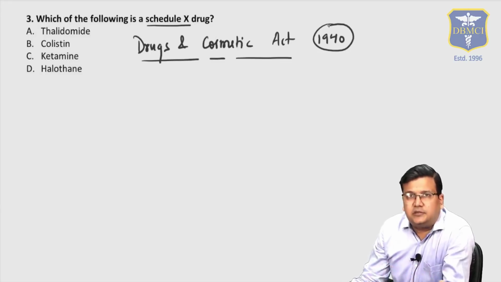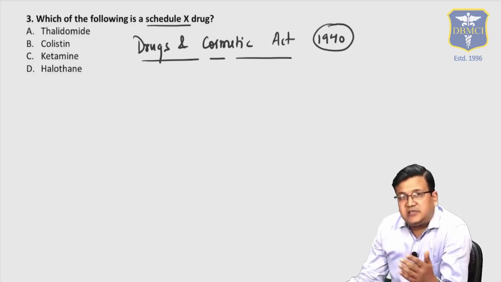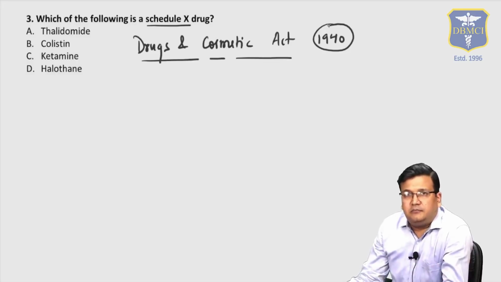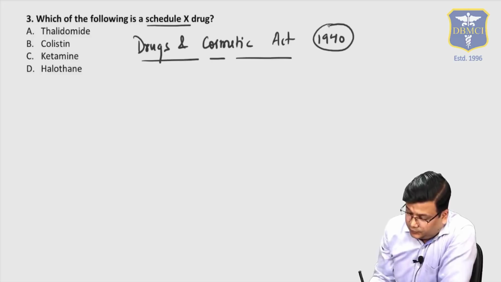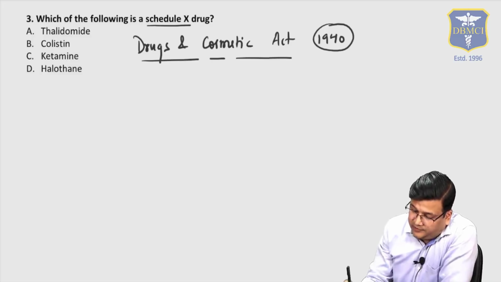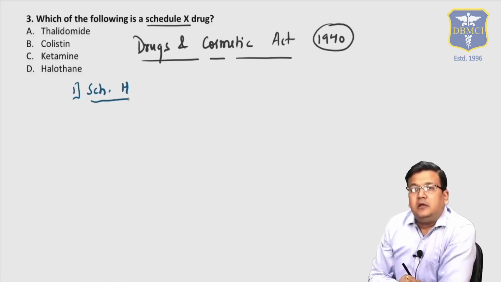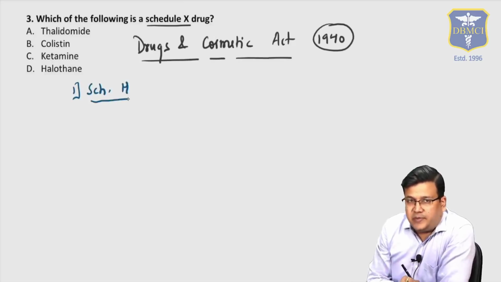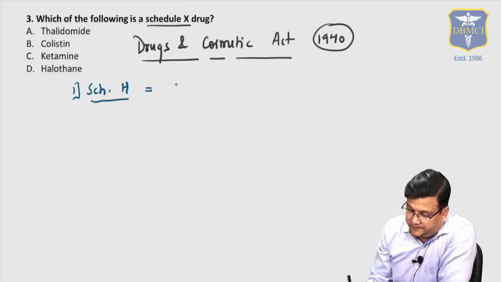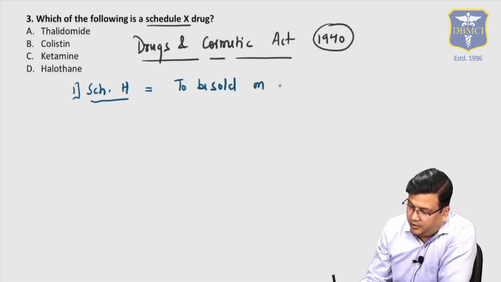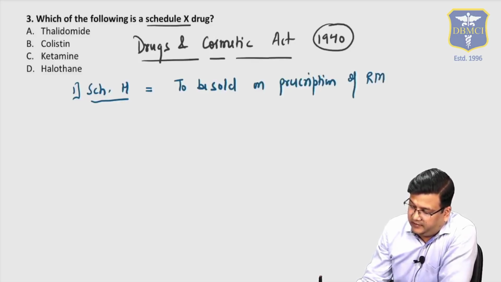They are like chapters to this particular act, and some of those schedules have been asked many times in the recent past. So what should we know? Number one, we should know there is something called Schedule H drugs. This was the first question that was asked 2 years back. Schedule H drugs are the drugs which are to be sold on prescription of a registered medical practitioner.